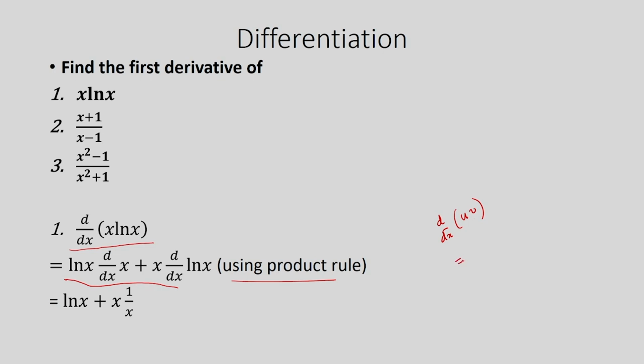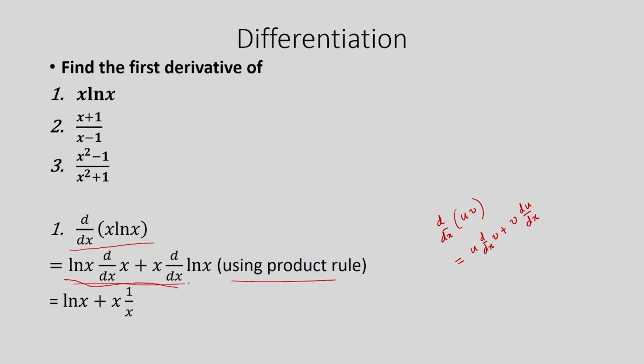We take the first function u and multiply it by the derivative of the second function, plus the second function multiplied by the derivative of the first function. That was the product rule, just in case you remember.